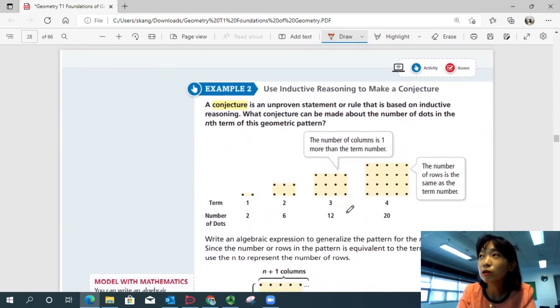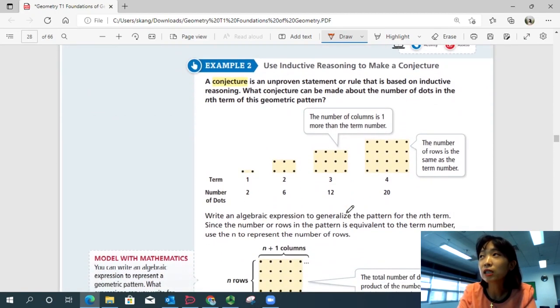Let's look at example 2. Use inductive reasoning to make a conjecture. What's a conjecture? A conjecture is an unproven statement, or a rule that is based on inductive reasoning. So if it's based on inductive reasoning, is it proven? No, it is a prediction.